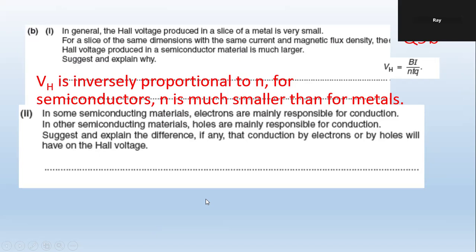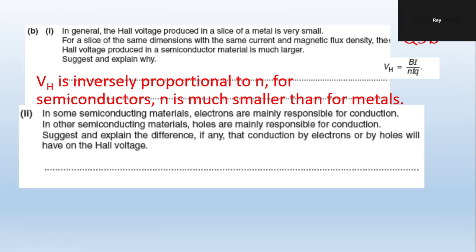In some semiconducting material, electrons are mainly responsible for conduction. In some semiconducting material, holes are mainly responsible for conduction.